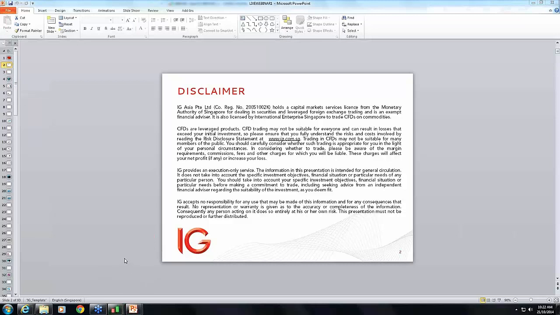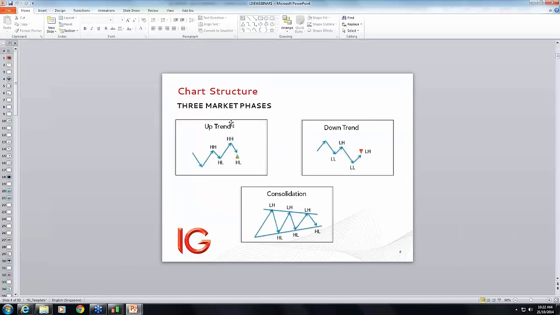Now, for those who are new to the webinar or have not attended any of my seminars before, I'm a big believer of price action. So every time I go through the markets, I will look in terms of whether the market is going on an uptrend, a downtrend, or consolidation.